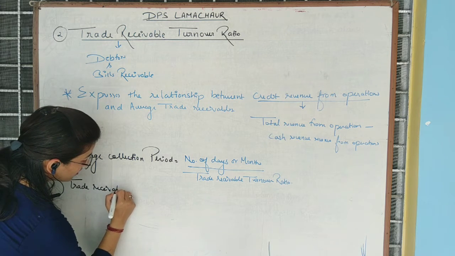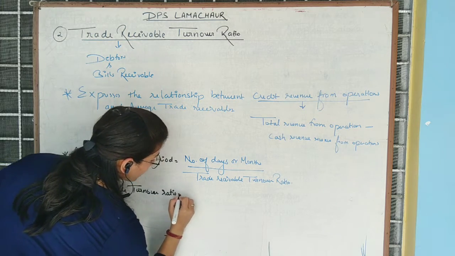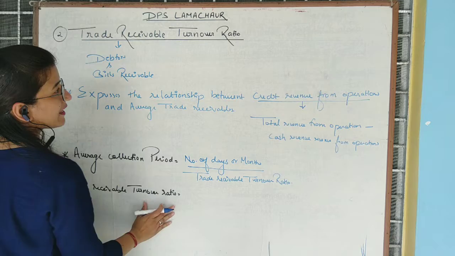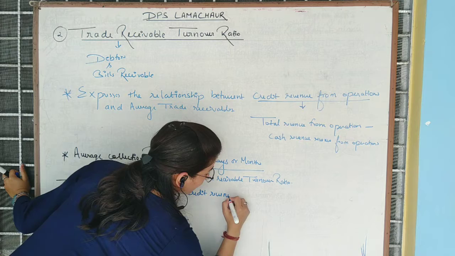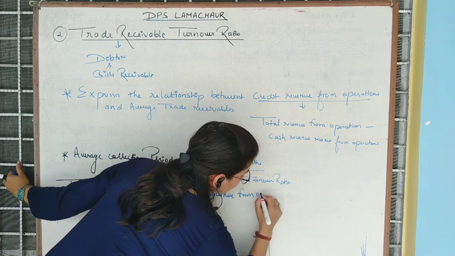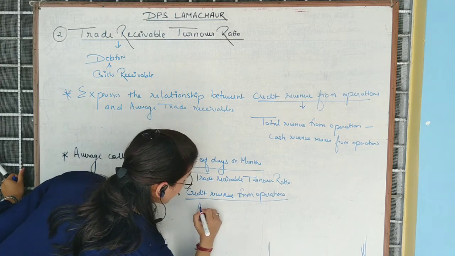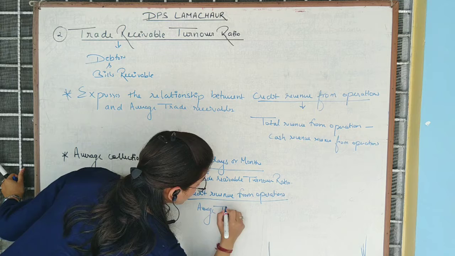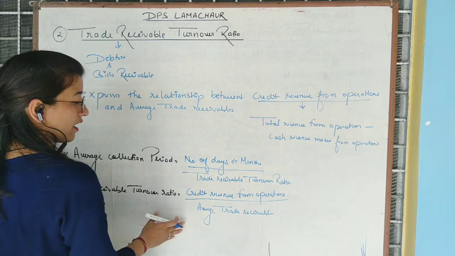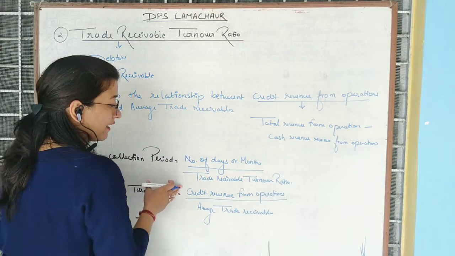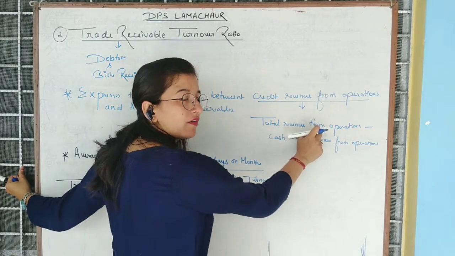So now the formula for calculating trade receivable turnover ratio will be: trade receivable turnover ratio is calculated by dividing credit revenue from operations by average trade receivables. Now, we have already studied that to find out credit revenue from operation, we will subtract cash revenue from operation from total revenue from operation.